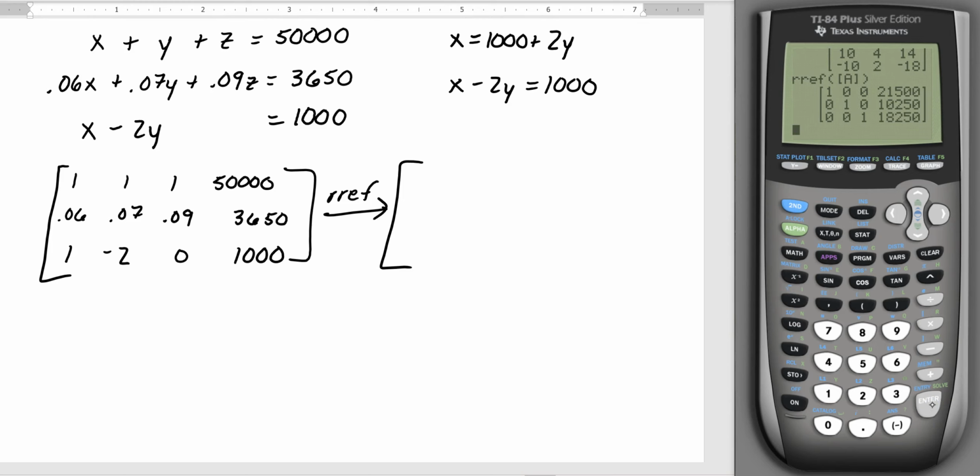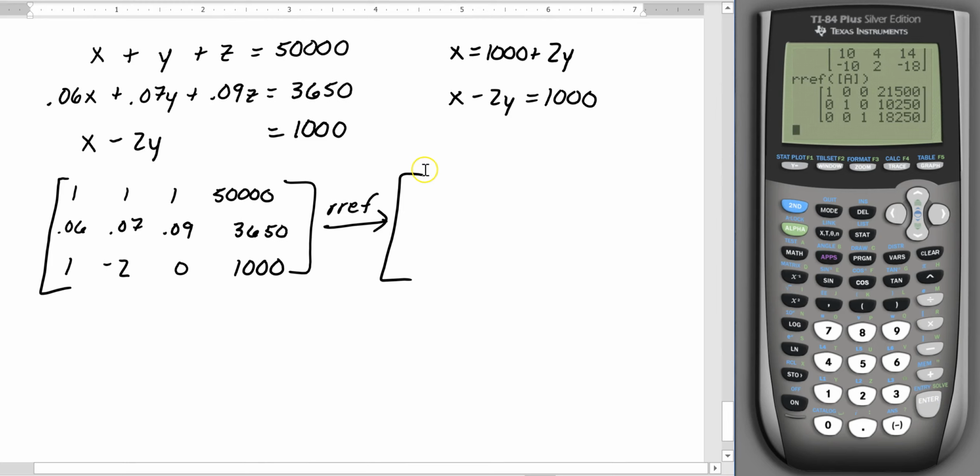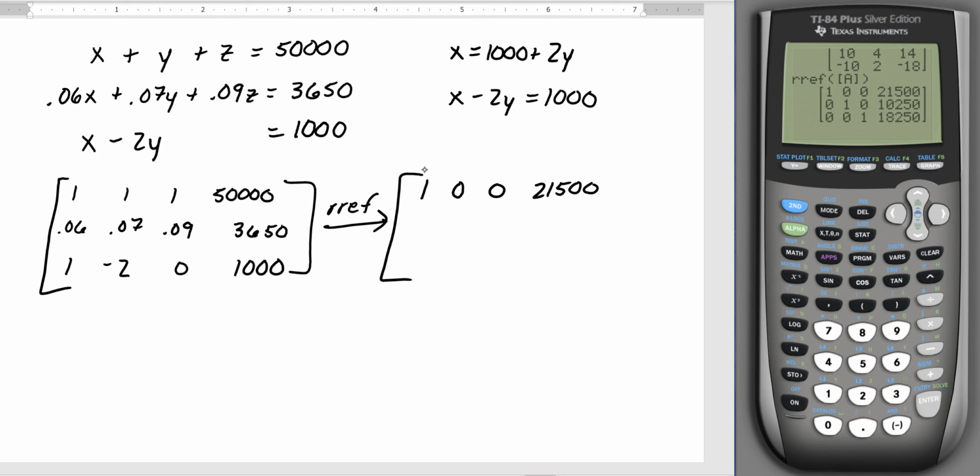Okay, so we get 1, 0, 0, 21,500, 0, 1, 0, 10,250, 0, 0, 1, 18,250. All right. So remember, x is my amount at 6%, y is my amount at 7%, z is my amount at 9%.